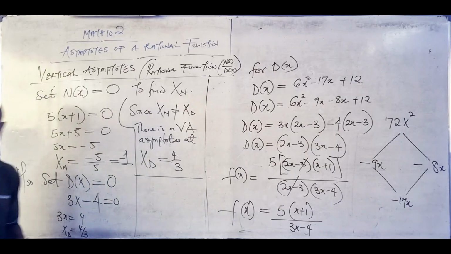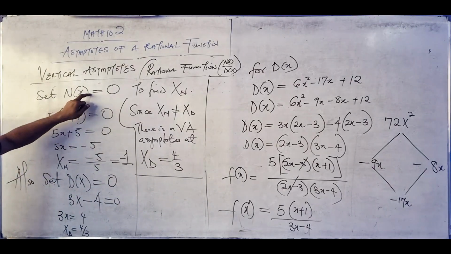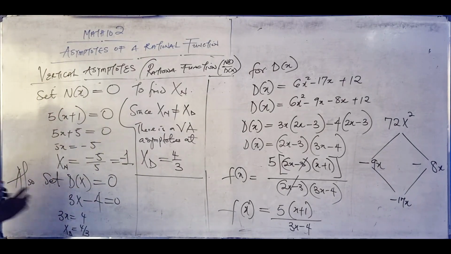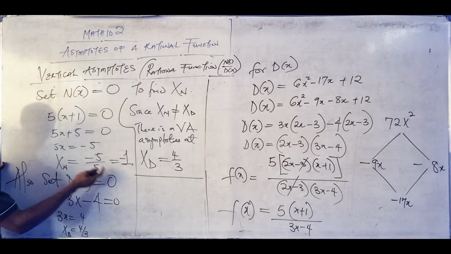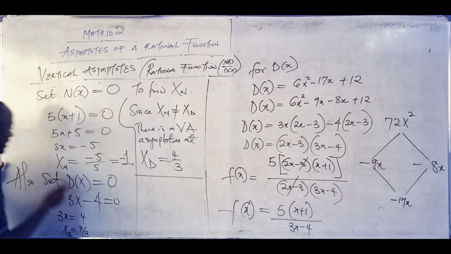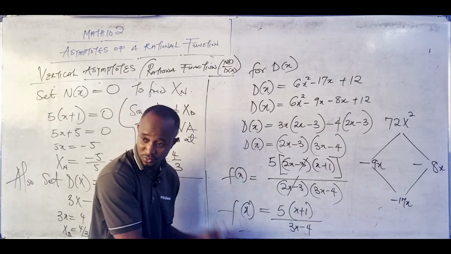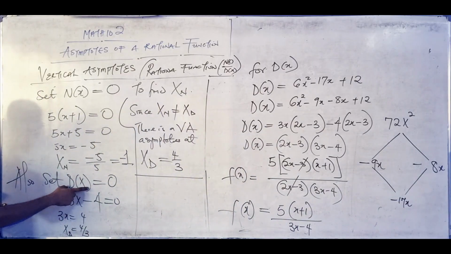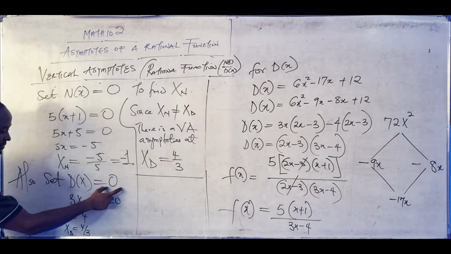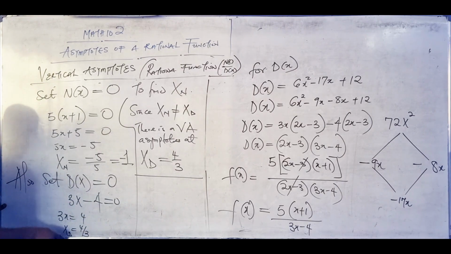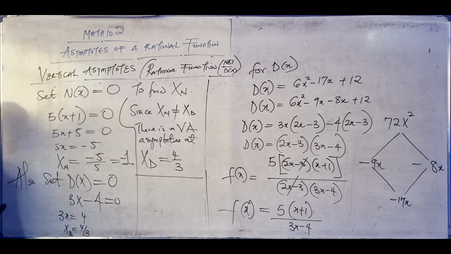Like I said, alternatively, if you don't want to put this equals 0 or this equals 0, just set only your denominator. You can start from here. Looking at the nature of your equation, you know that they cannot be the same. Just start from here and set the denominator equals 0. Then any value of s you have here becomes your vertical asymptote. Is that clear?